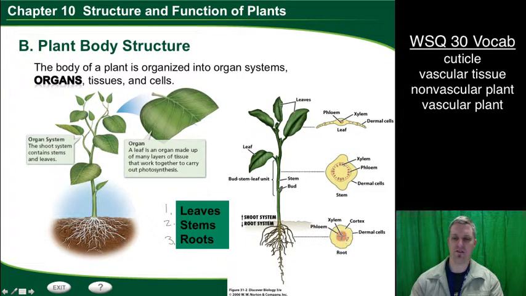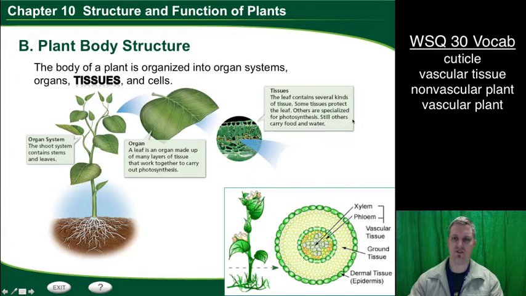Down in the root, whose major purpose is to move materials, there is mostly xylem and phloem, which we'll talk about later. In the stem, there is still much xylem and phloem, with some dermal cells. But the leaf is completely different: small xylem and phloem, much more spread out and structured for the chloroplasts to work. So you have organ systems, organs, then tissues.